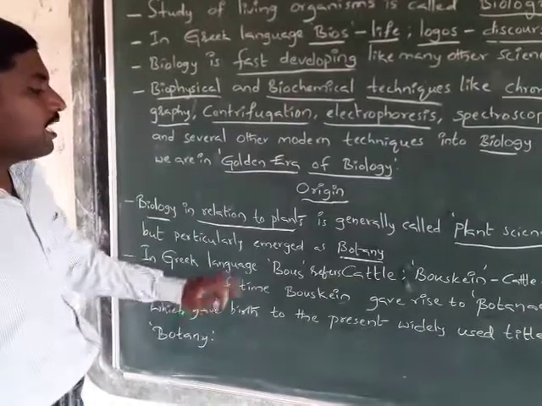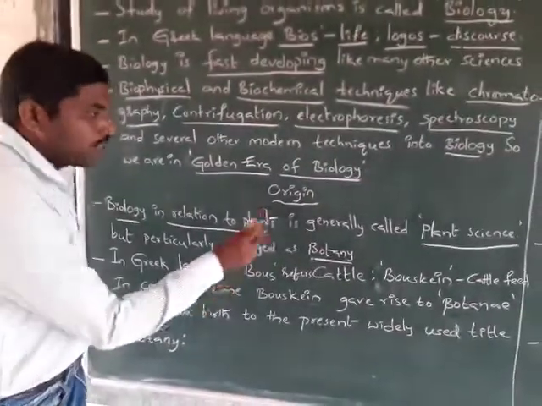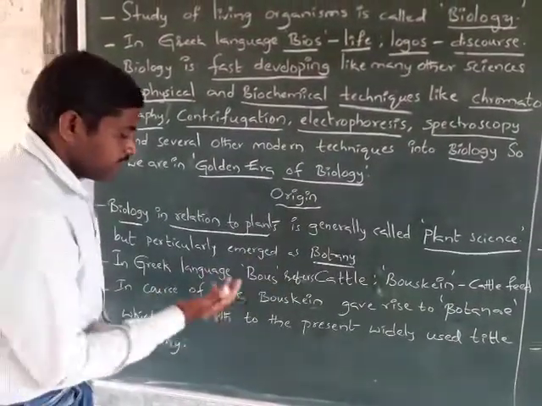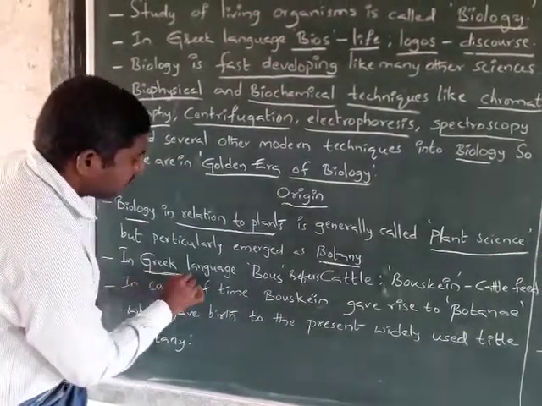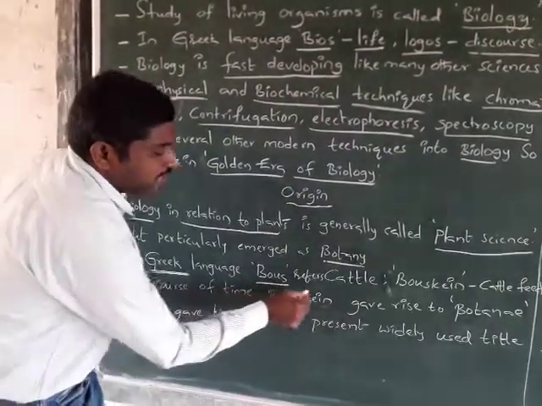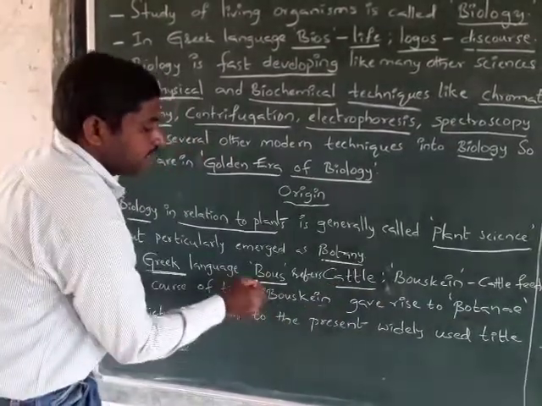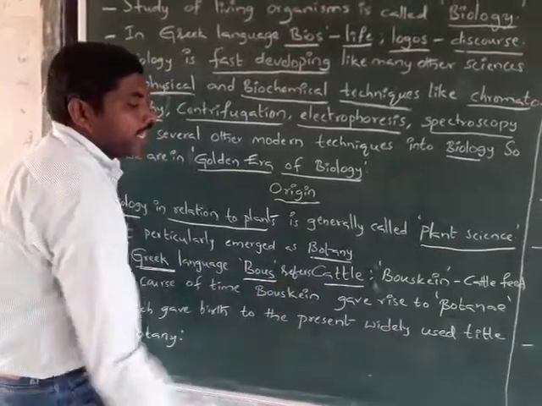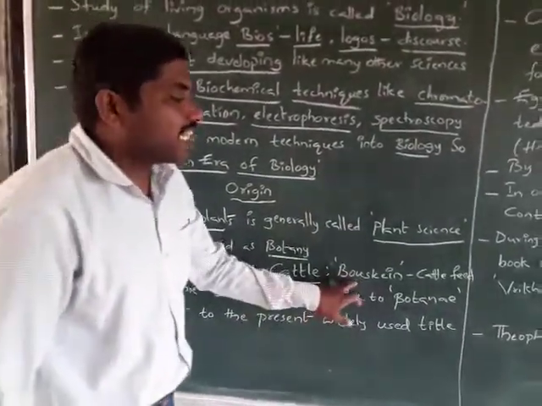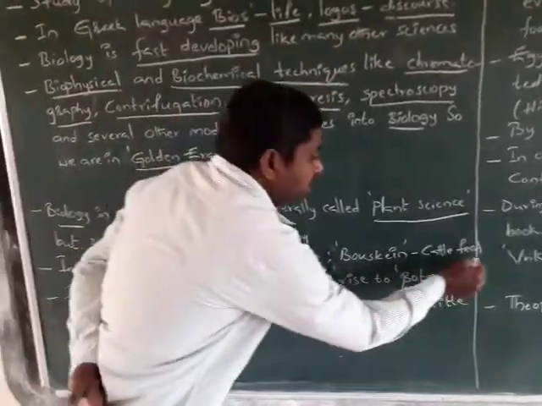Here, how did the word botany originate in the Greek language? In Greek, bos refers to cattle, and boskin refers to cattle feed.